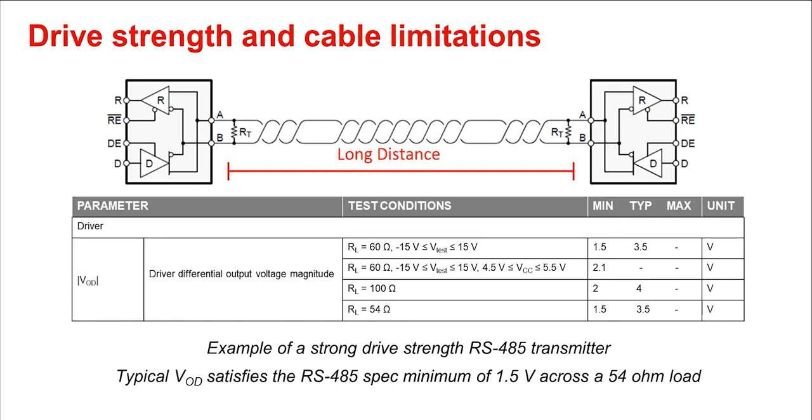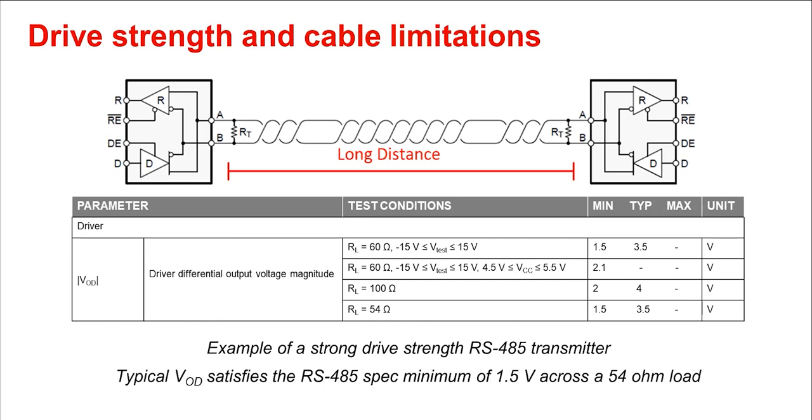Higher drive strength transmitters are able to support a further communication distance at low data rates because the high drive strength allows for the transmitter to overcome parasitic DC resistance of the transmission cable. When higher data rates across long transmission cables are used, the transmitter's output signal will end up being attenuated at the receiver end due to the parasitic RC filter created by the cabling.